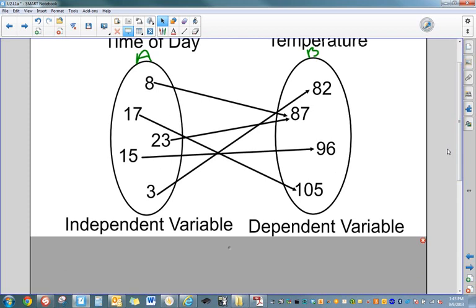I want you to think about why is group A the independent variable? And why is group B the dependent variable? Please take 30 seconds. Chat with someone around you. Why is group A independent? And why is group B the dependent variable? Think about what those terms mean.